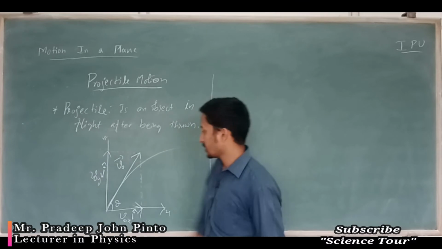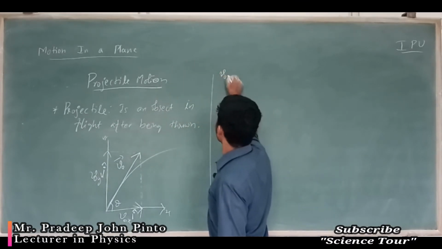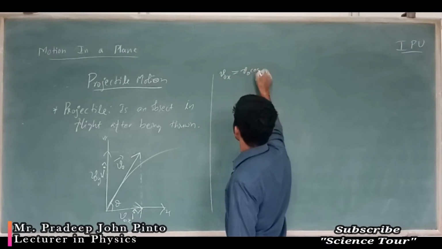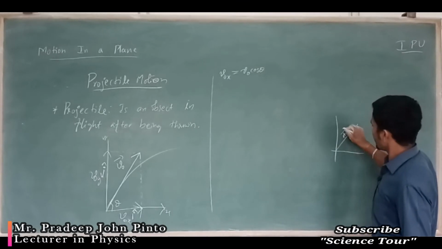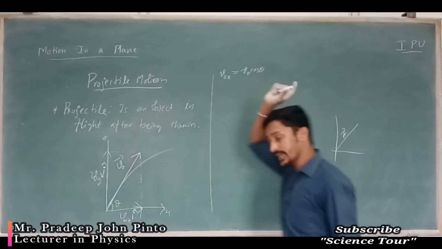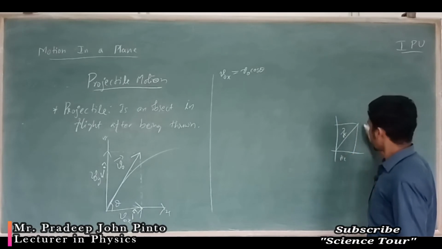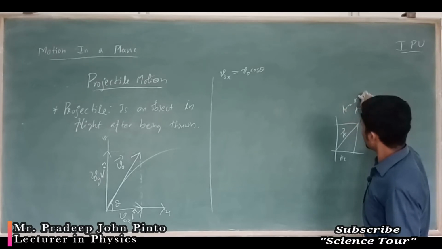Now v naught x means what? We have written v naught cos theta, isn't it? See, in the place of a, we had written ax equal to a cos theta and ay equal to a sin theta.